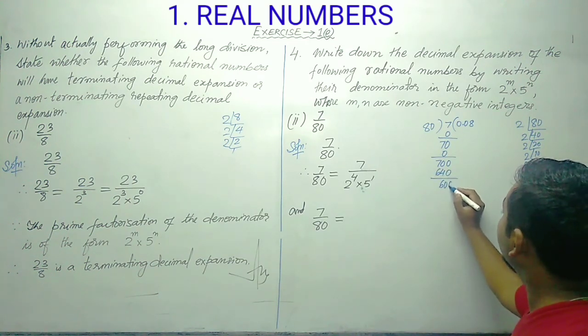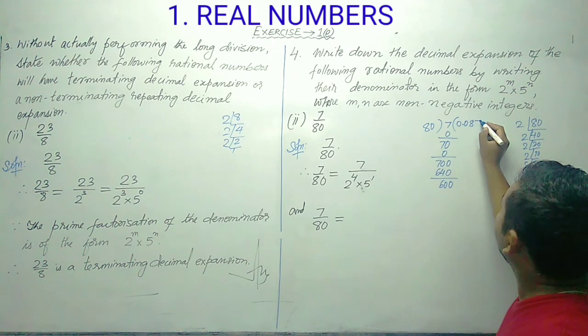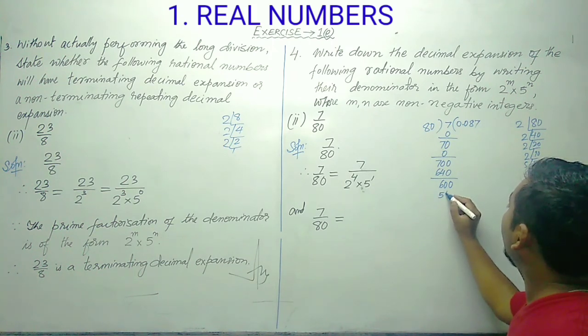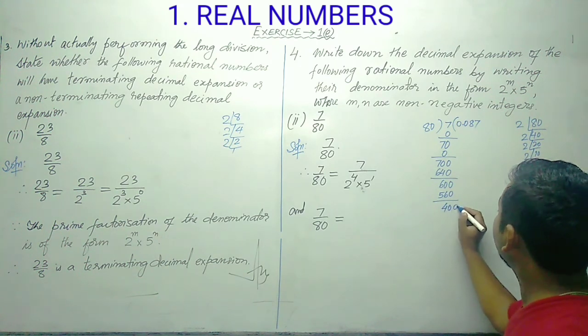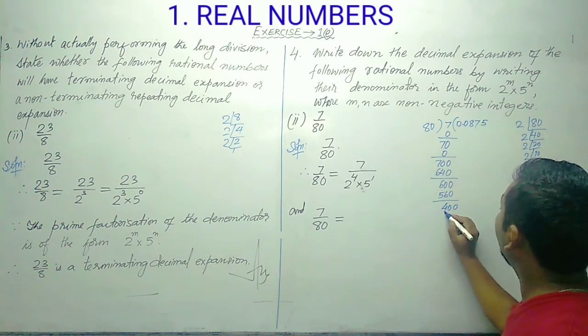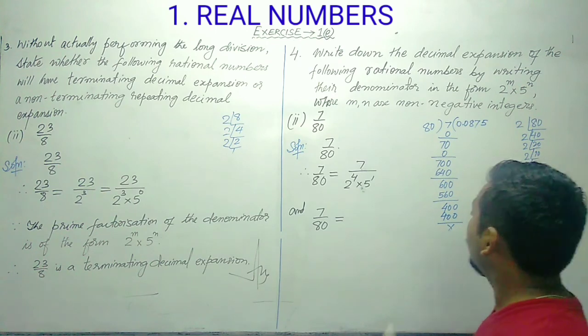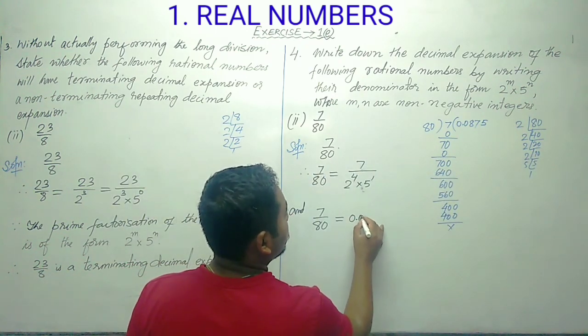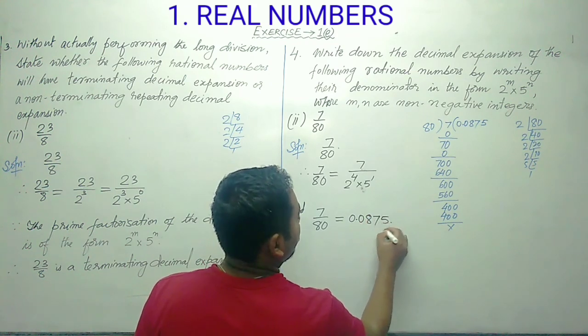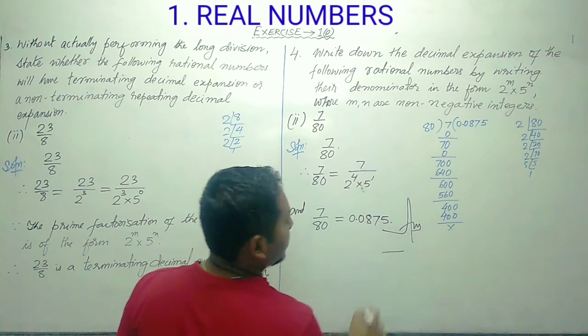You have 60. Again put 0. 8 sevens are 56, 560, again 40, put 0. 8 fives are 40, 400. So the answer is 7 by 80 equals 0.0875. That is your decimal expansion.